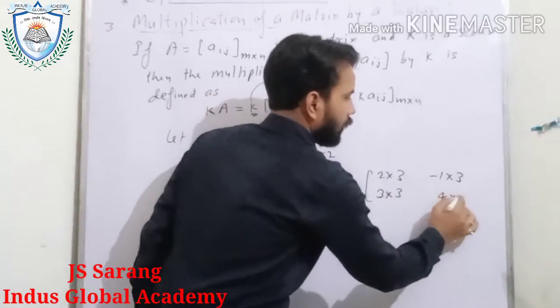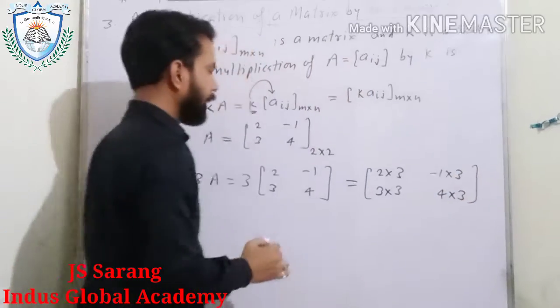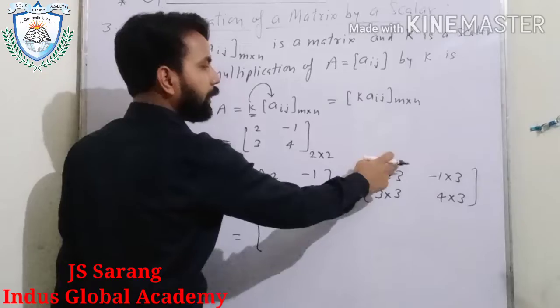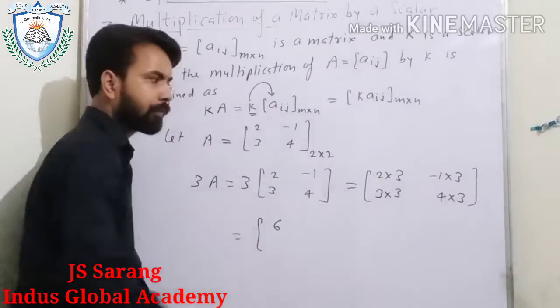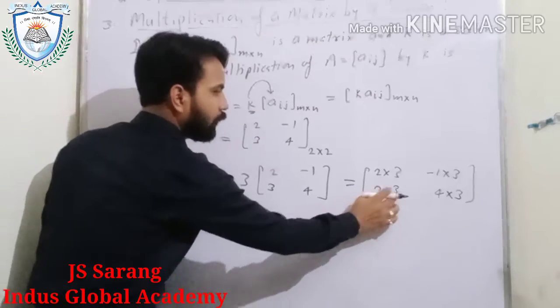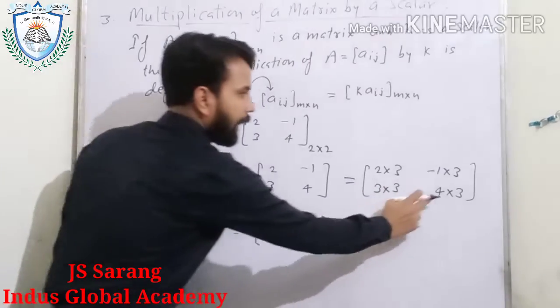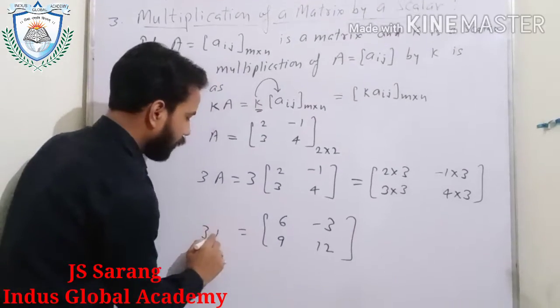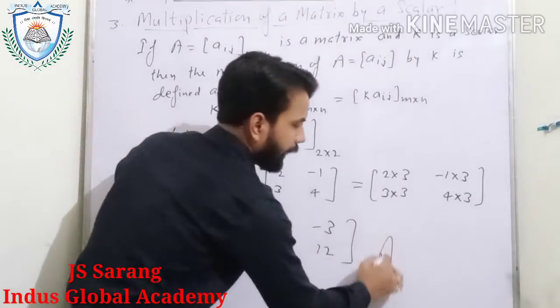So now we will get a new matrix: 2 into 3, that is 6, minus 1 into 3, that is minus 3, 3 into 3, that is 9, and 4 into 3, that is 12. So this is the value of 3A.